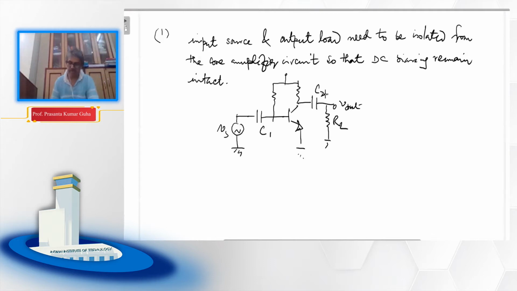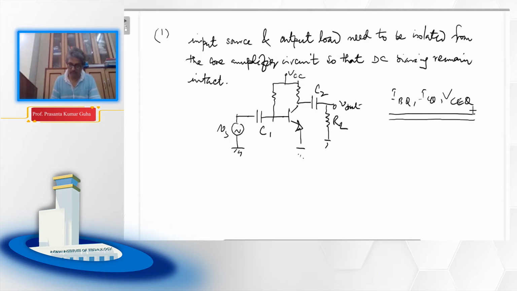So this C1 and C2 are coupling capacitors, and these two coupling capacitors are very important so that we can keep our IBQ, ICQ and VCQ intact. So that is one key concept we saw yesterday.